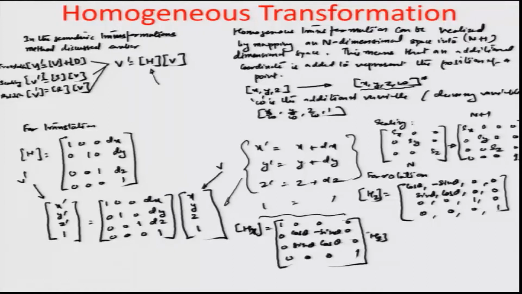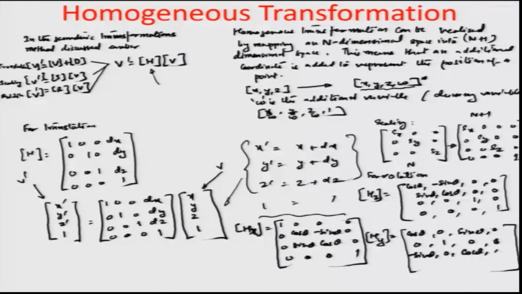And similarly, for the rotation along y, the matrix would be represented as cos of theta 0 sin of theta 0, 0 1 0 0, minus sin of theta 0 cos of theta 0, and 0 0 0 1.